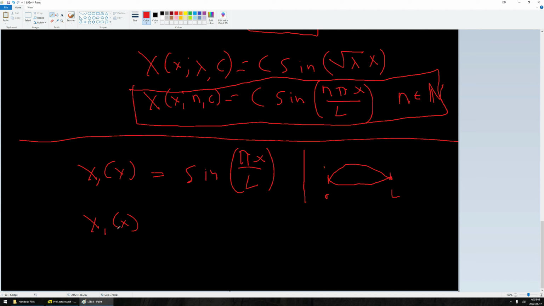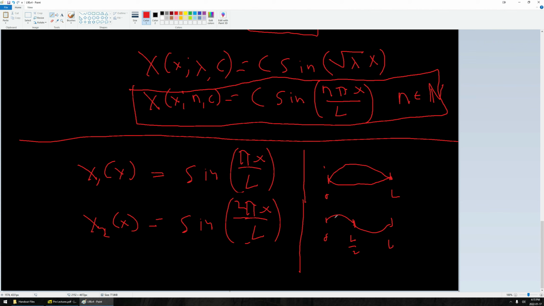Now if I plug in X_2 of x, this would simply be the same thing, but with 2 pi, right? If I visualized this, this thing would have a 0 at L over 2. So if this mark is 0, that is L over 2, and this mark is L, then this function would go up and down, and then the other way up and down.